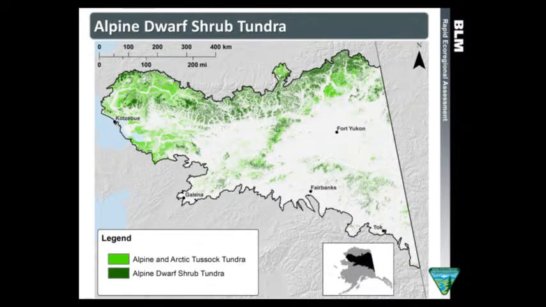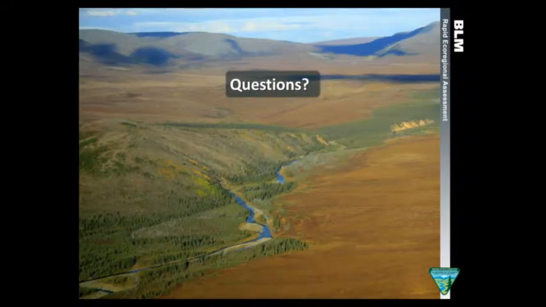And I just wanted to juxtapose that one with the tussock tundra. You can kind of see the pattern there: the tussock occurring at lower elevation on more gentle terrain. And those are the CE distributions.